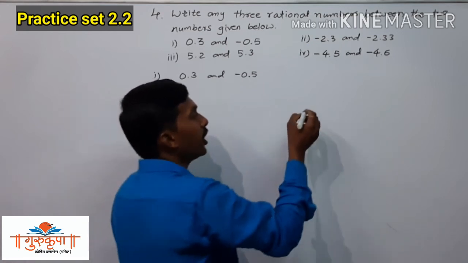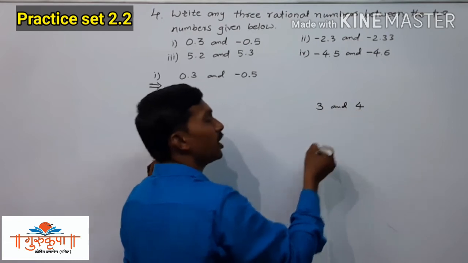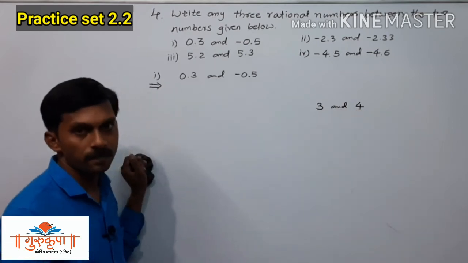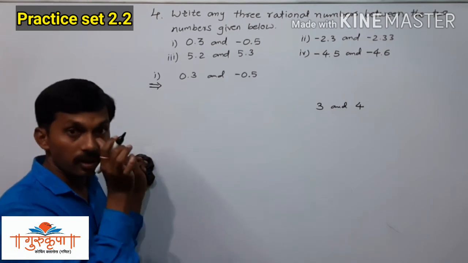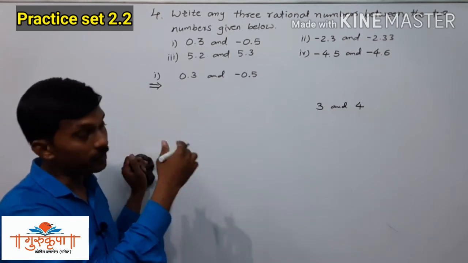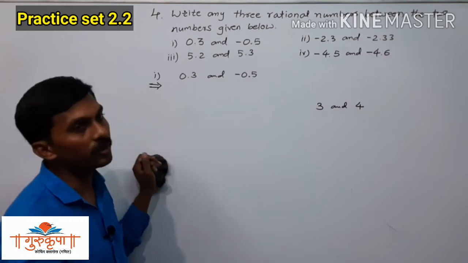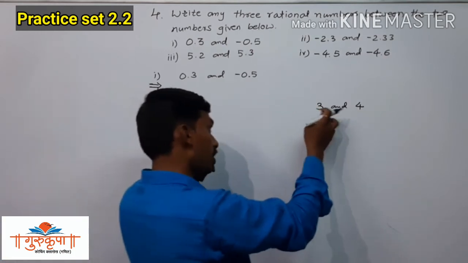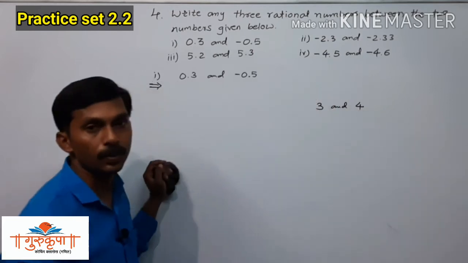Suppose you have been given 3 and 4, and you have to write infinite rational numbers between them. What we have to do is take the sum of these two numbers and divide that sum by 2.